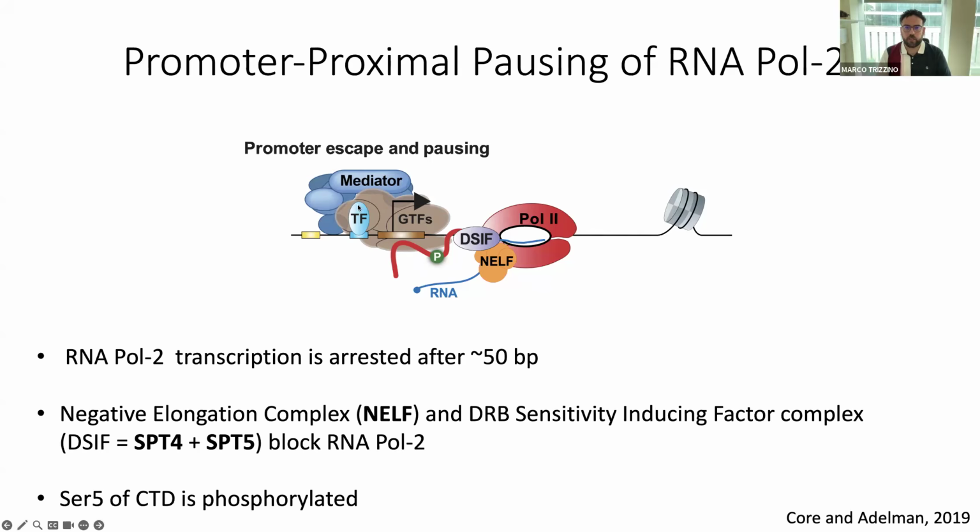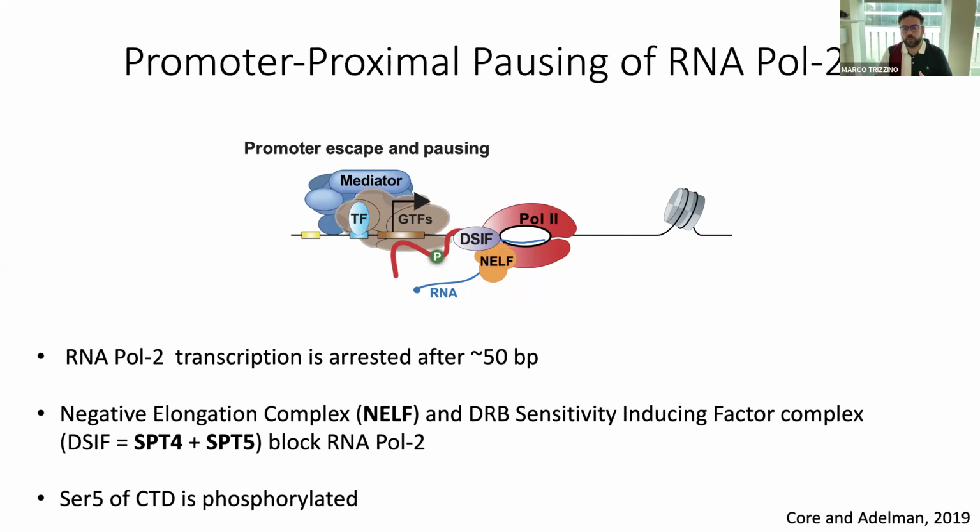Instead, you start transcription no matter what, and then you keep your POL2 here on a leash, ready to go. It's like you have a gate, and when your gene finally needs to be transcribed and expressed, you quickly dephosphorylate serine 5, phosphorylate a different residue, serine 2, remove the NELF, phosphorylate the DSIF, which will unleash your POL2, and then it's like shooting with a gun. Your POL2 is now ready to go and will very quickly produce mRNA and express the gene.